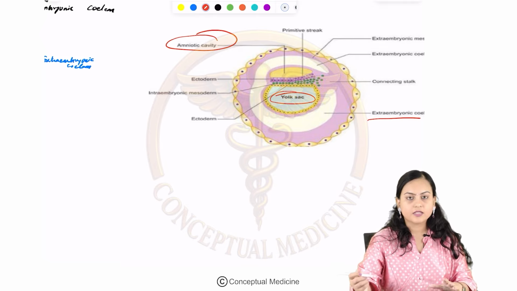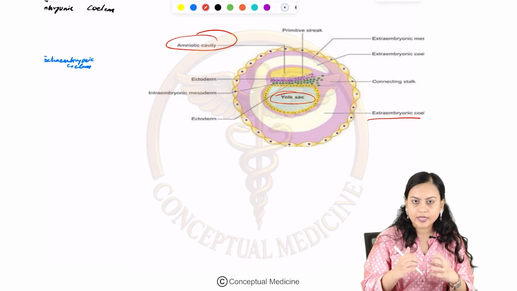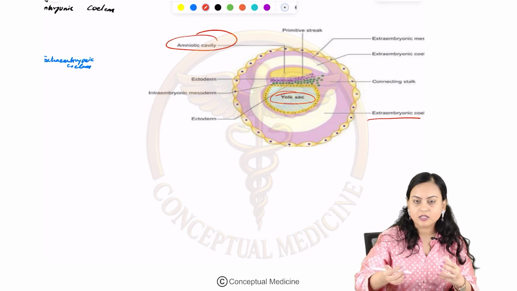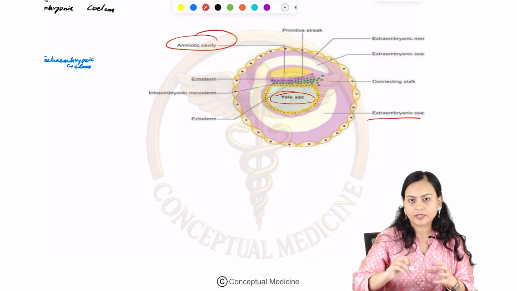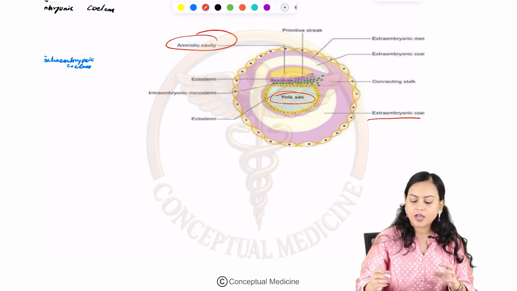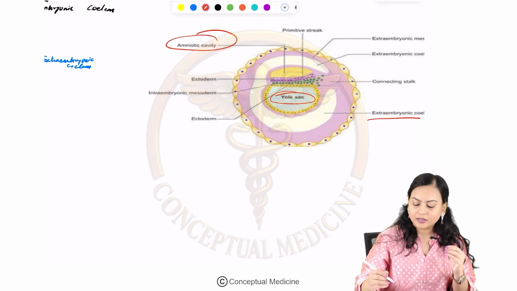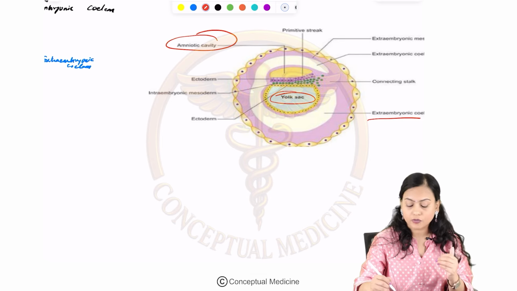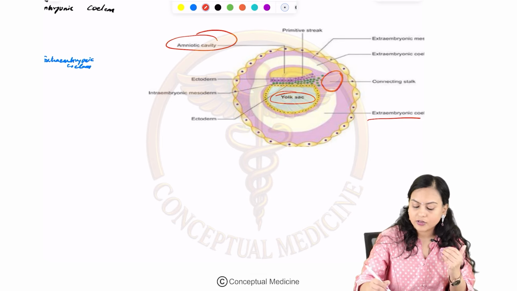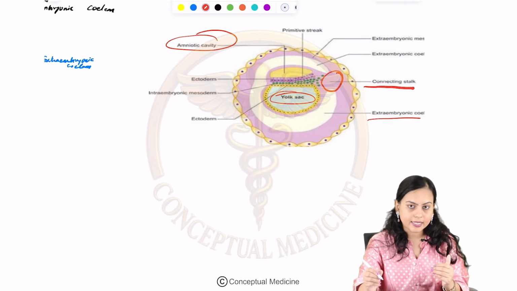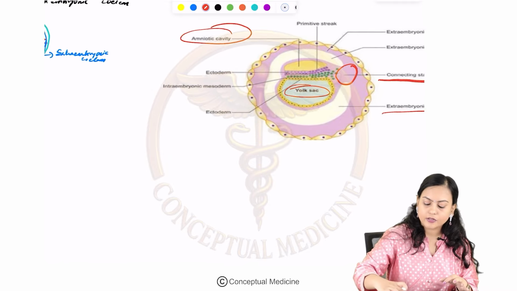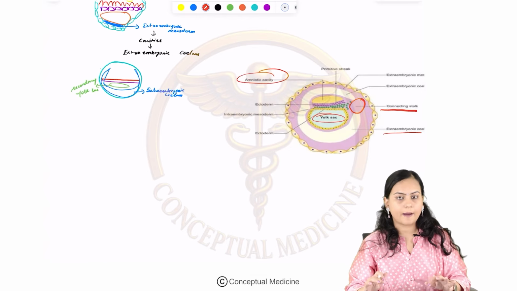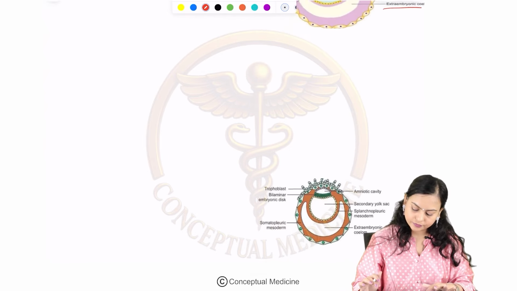So what happens is, basically the extra embryonic coelom doesn't extend completely surrounding the yolk sac and the amniotic sac. There is one space where this extra embryonic mesoderm is left without forming a cavity. So this region basically forms the connecting stalk. This connecting stalk is going to become the future umbilical cord, right? Okay.